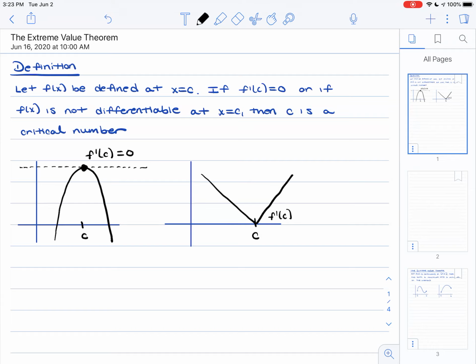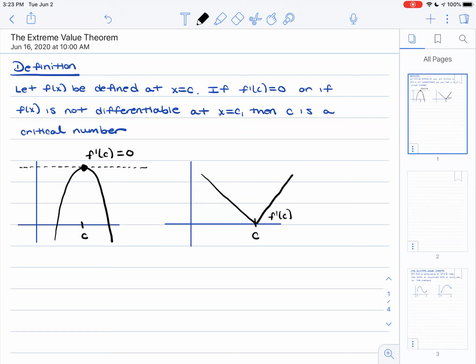All right, so we're trying to find the minimum value and the maximum value on this closed interval, okay? And from what I was saying above, that means we want to check the endpoints because a maximum or a minimum could occur at one of the endpoints, but we also want to find all of our relative maximum and minimum points, which is essentially finding our critical numbers.